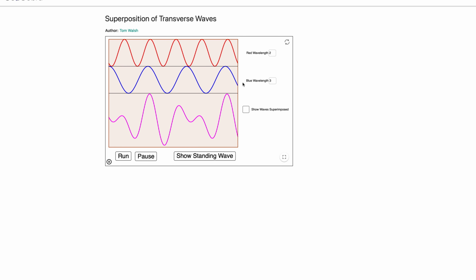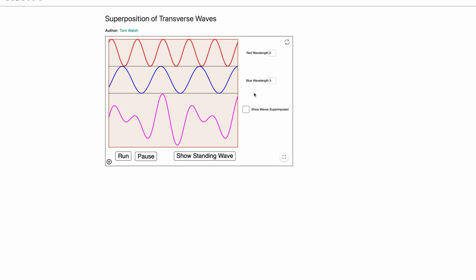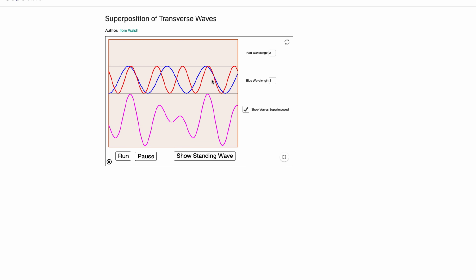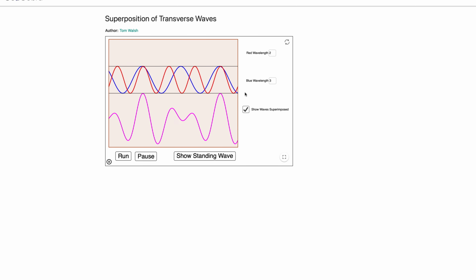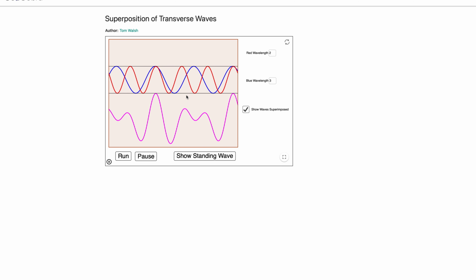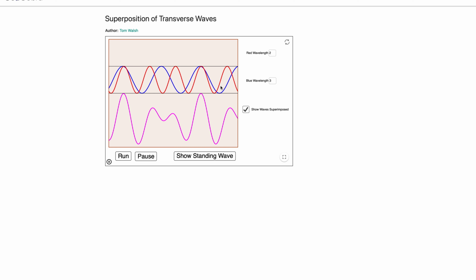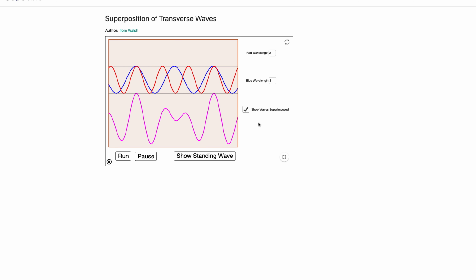This is because the blue wavelength is longer than the red. If you were to lay these over top of one another, it makes it a little bit easier to visualize. You'll see that as these two peaks line up, you get the largest amplitudes. And at points where they are exact opposite, they cancel out so that they would be more flat, as we saw earlier.